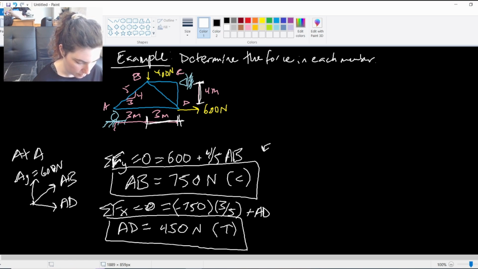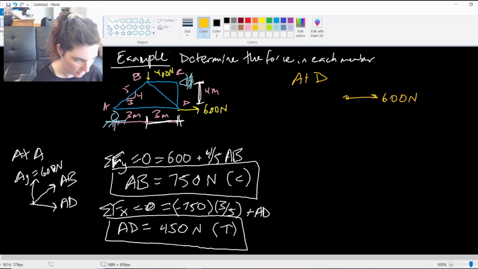I'll remove those reactions. I don't need them. But I do want to keep my answers here, so I'm gonna look at point D now. Do my diagram for this. I have the applied 600 newtons.